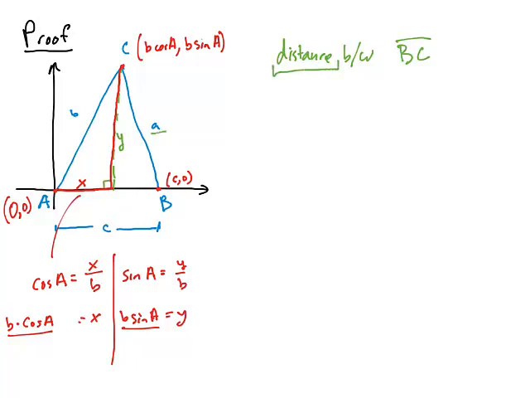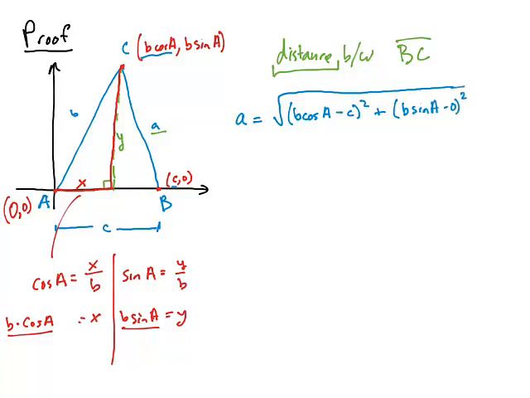So a is equal to the square root of the difference of the x-coordinates squared plus the difference of the y-coordinates squared. So the difference of the x-coordinates is b cosine A minus c, squared, plus the difference of the y-coordinates, b sine A minus 0, squared.